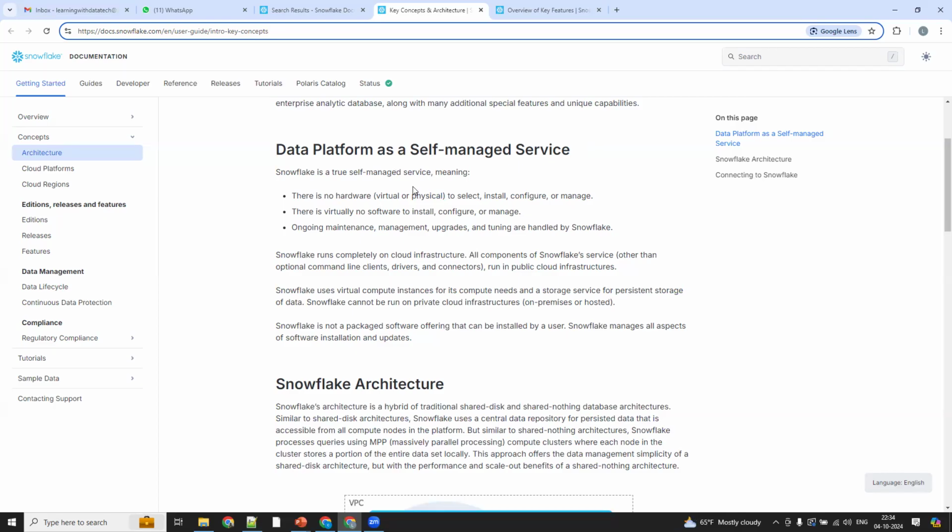Whatever they have given in the documentation is 100% true. But if you follow third-party websites or blogs, they may sometimes give false information as well. Once you start following the documentation, you'll improve your subject knowledge in a different way, I would say. Okay, start following this documentation.